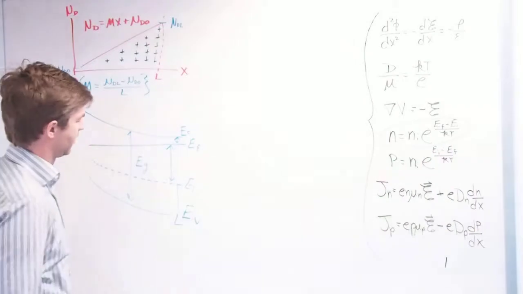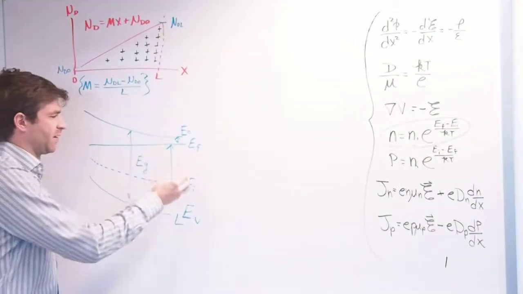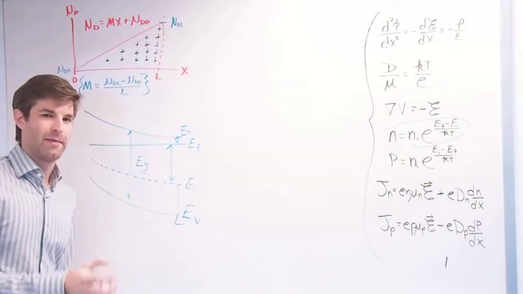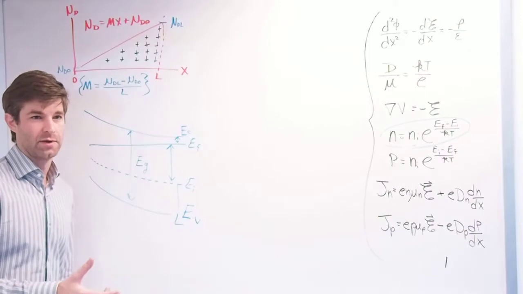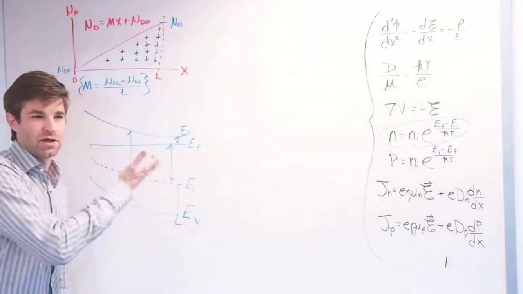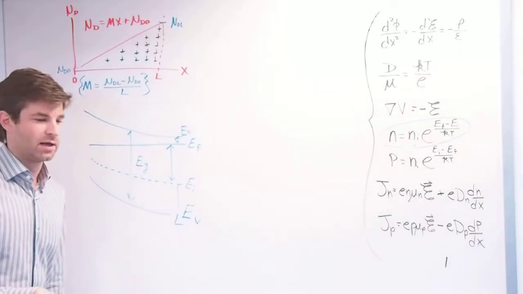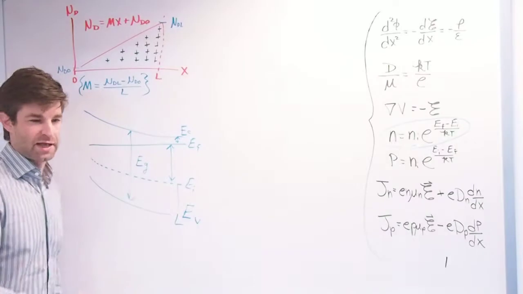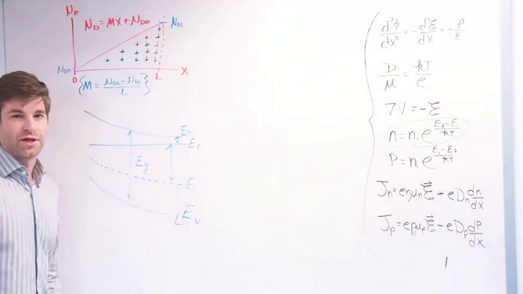So this is what we want to derive mathematically, and this is what we know it's going to look like. We don't know the exact value of EV or EC. That's not something we can figure out mathematically, but we can set a reference. We can normalize them to some value and then derive it, because we don't know the exact energy and momentum of an electron at any time in quantum mechanics, but we can find these delta E's, and that's where EG comes into play.